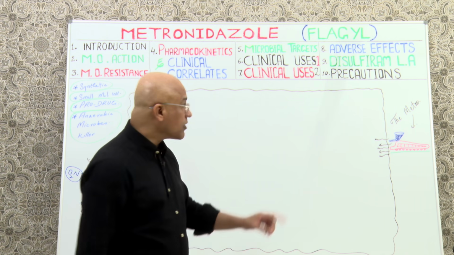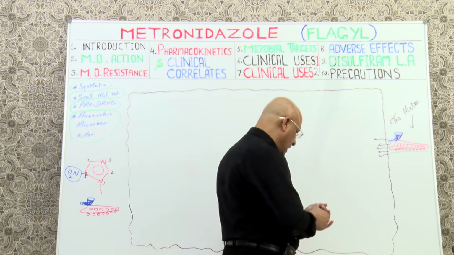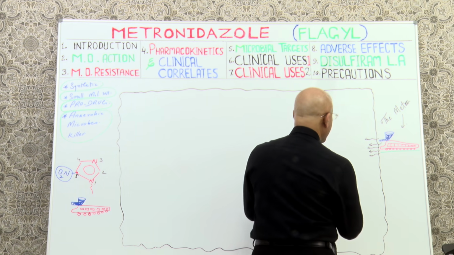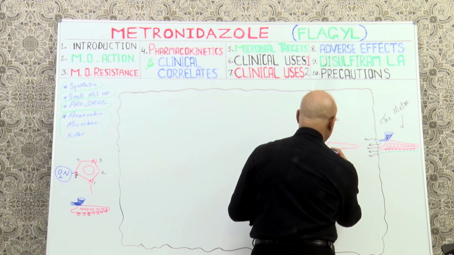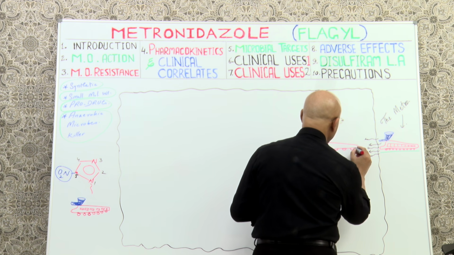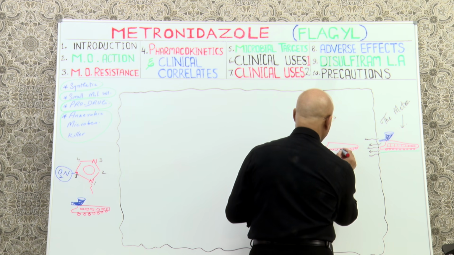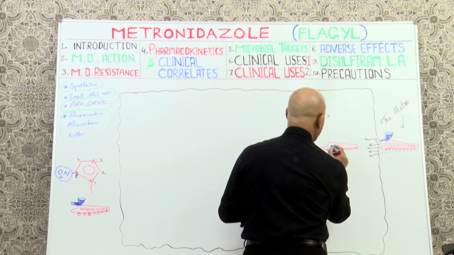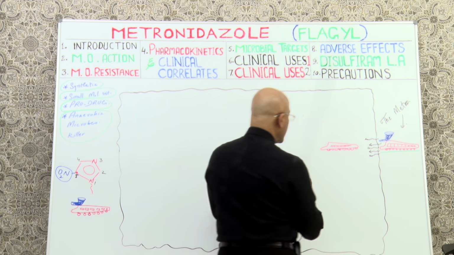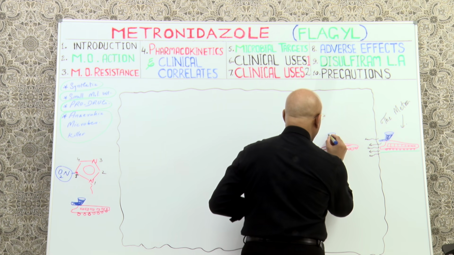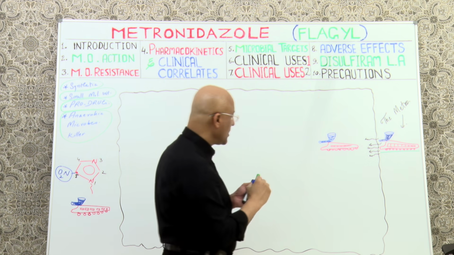Again, metronidazole, once it enters the cell, initially is not dangerous. It will only become dangerous once its electron gun or nitro group is loaded with electrons, right?